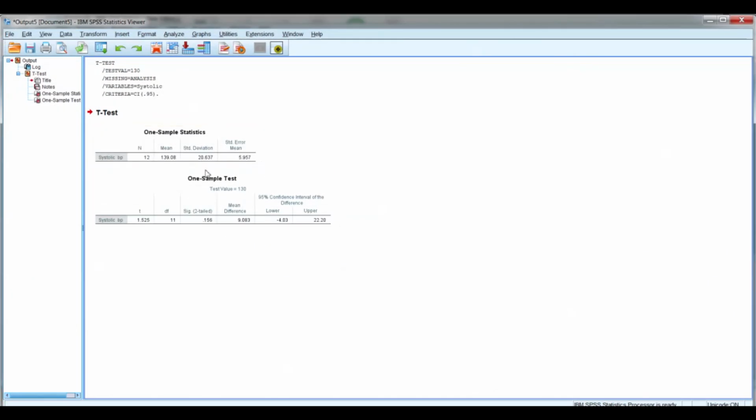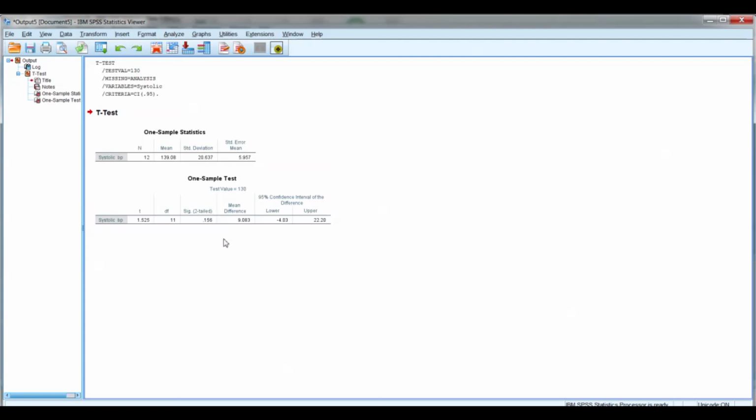We get our mean, our standard deviation, and the standard error of the mean. Look here under the t-test results. It says One-Sample Test, and underneath you see what the test value was, so you know exactly what you're testing against. Our t, as it so happens, was not statistically significant.